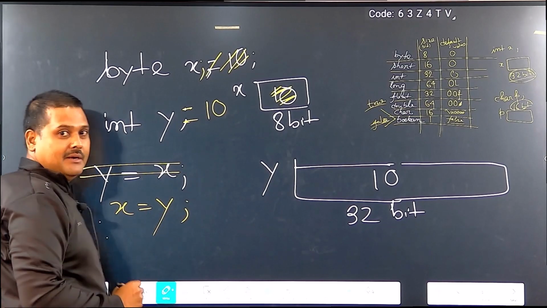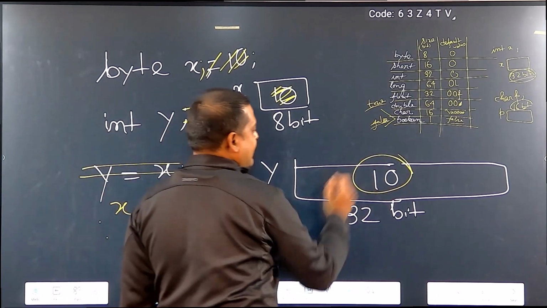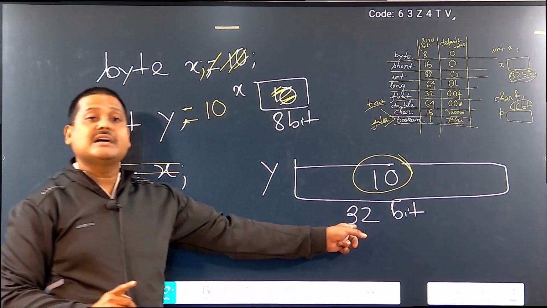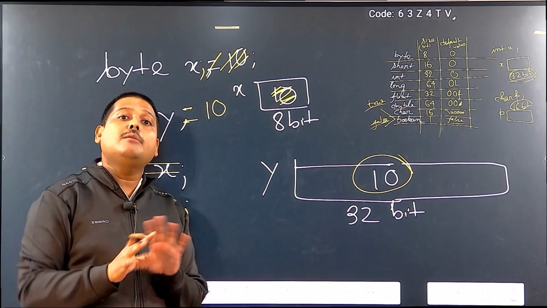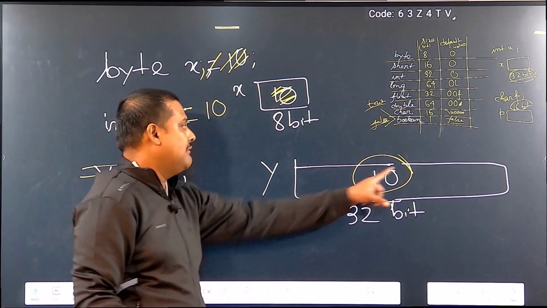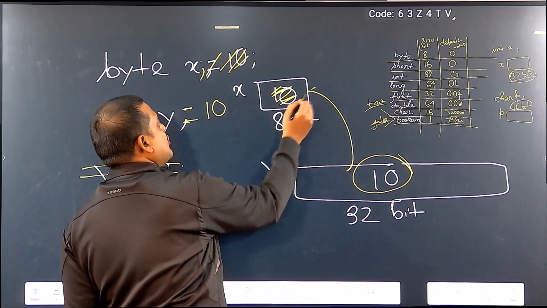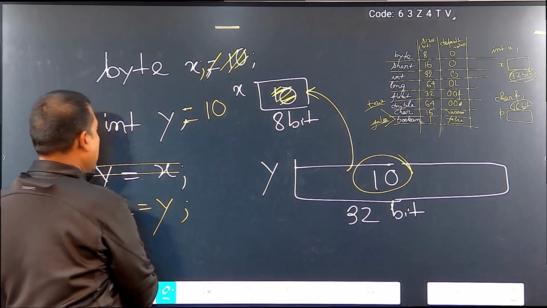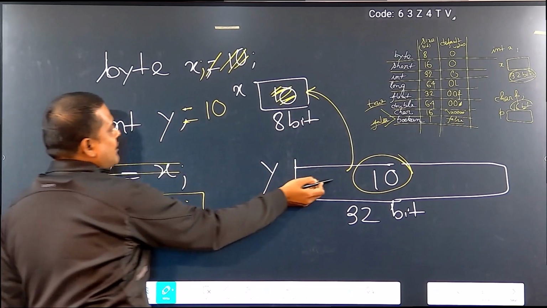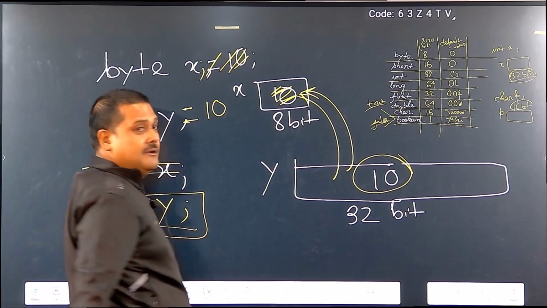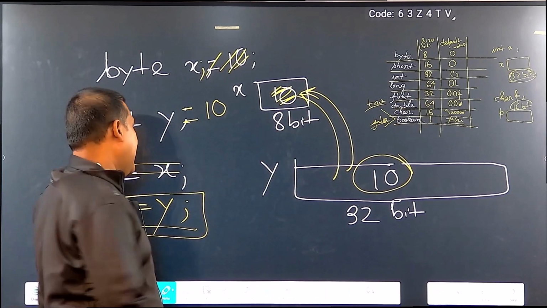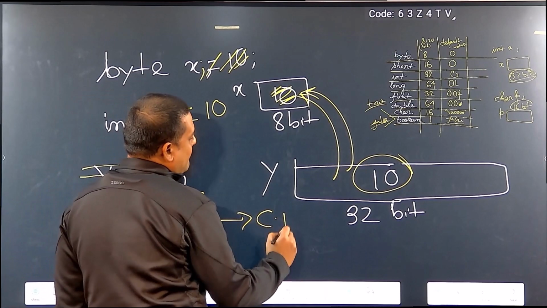Then what will happen? y has 10, but its size is higher. If we try to store it in x, it will not store, and this will raise a compilation error.